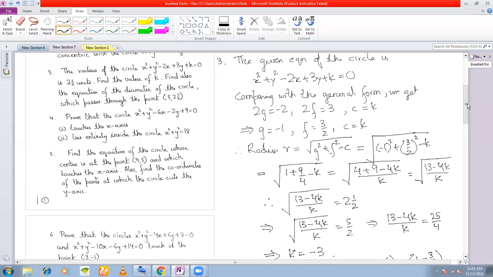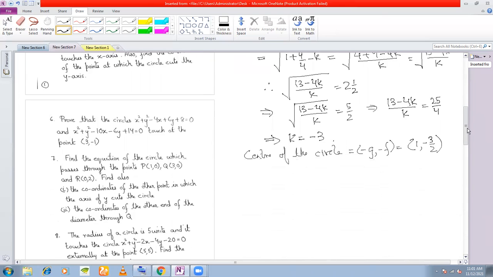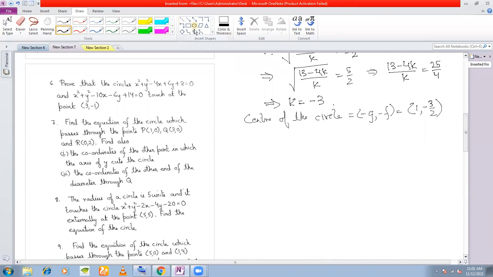The second part is find the equation of the diameter of the circle which passes through the point 5, 2.5. Okay, so this is your circle with center C, coordinates we have found above, 1, -3 by 2.